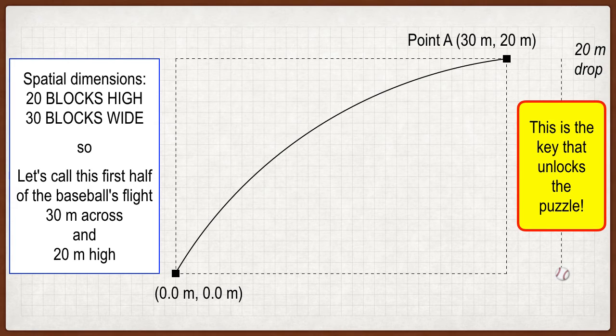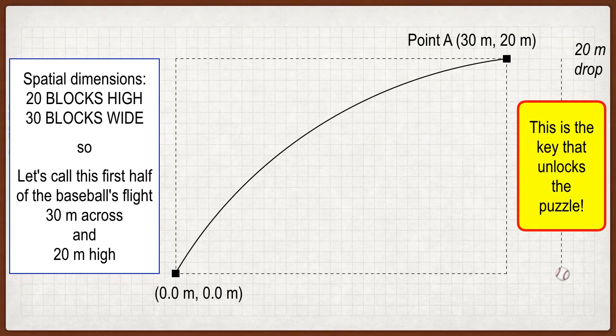Taking advantage of the symmetry and the fact that gravity is only vertical and not horizontal will allow us to get everything. It's kind of like when you're doing a crossword puzzle, and 17 down, can't get it. 18 down, can't get it. 19 down, you can't get it.